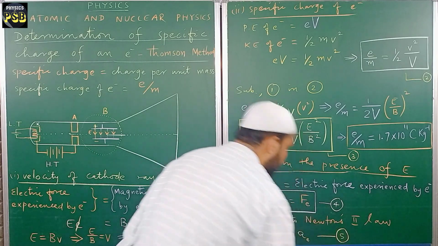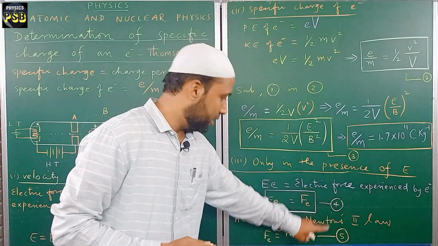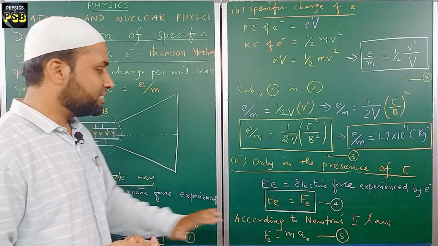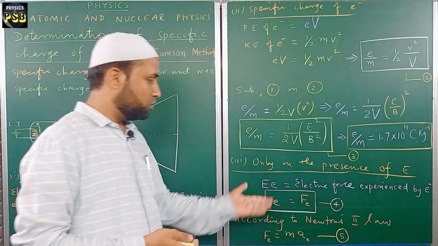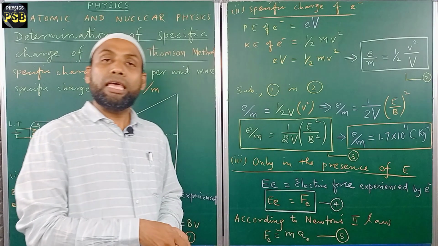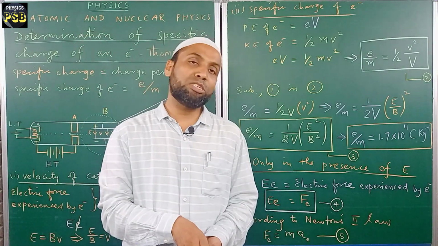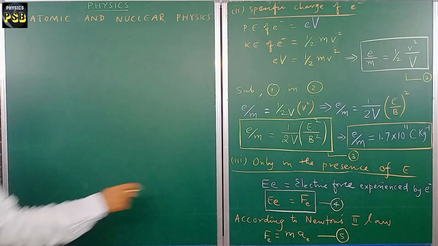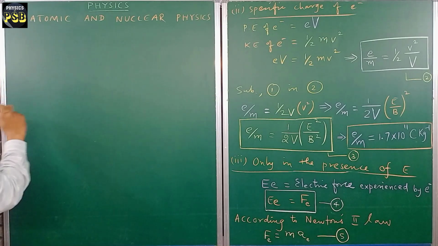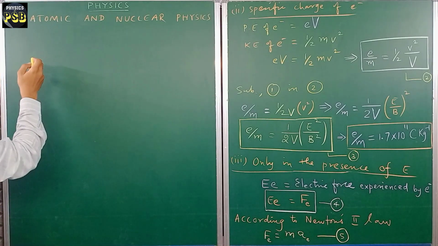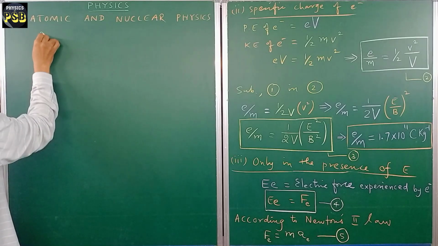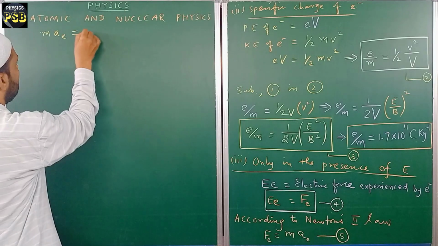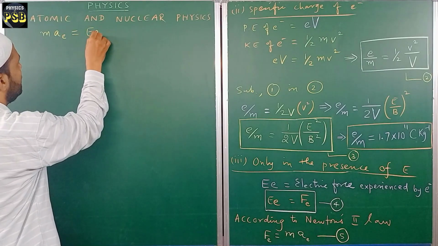Here, equation 4 and equation 5 both represent the same force experienced by electron. So we can equate them to get the expression for specific charge. Now I compare equation 4 and 5. By doing so, I get m a equals to E multiplied with small e.